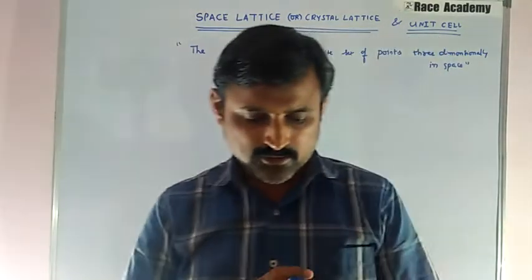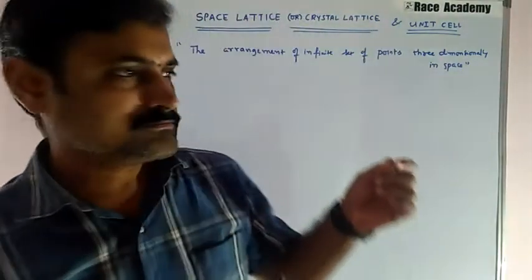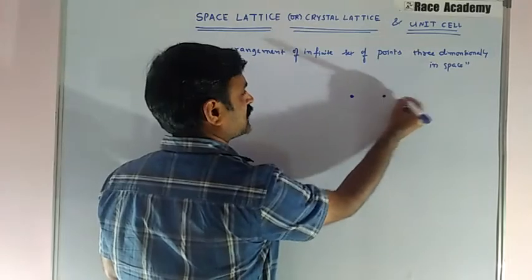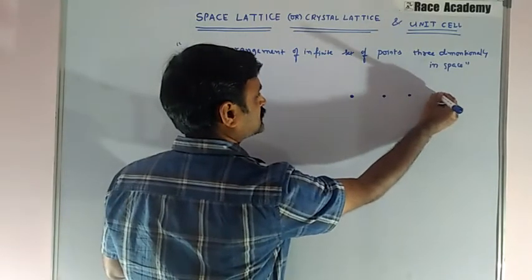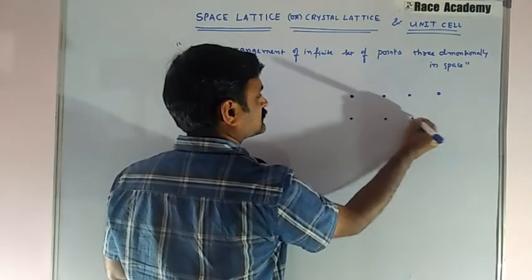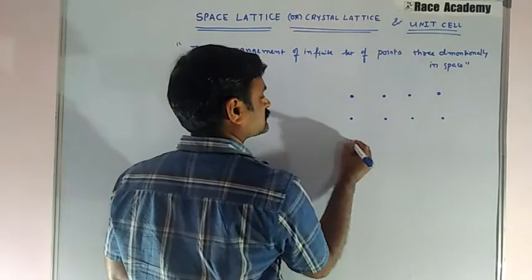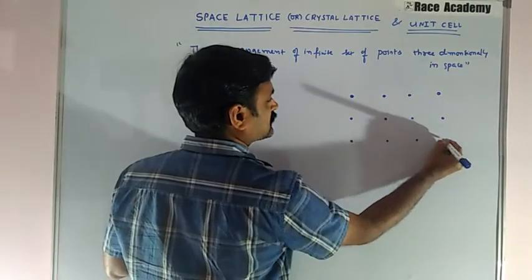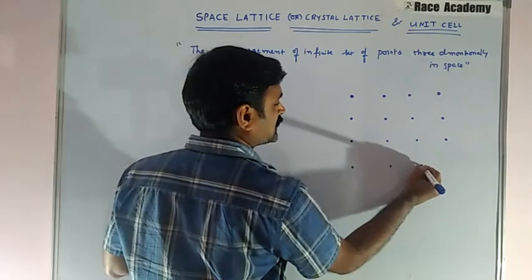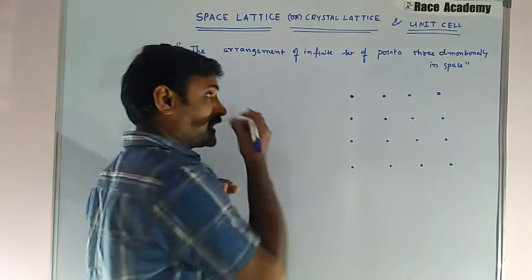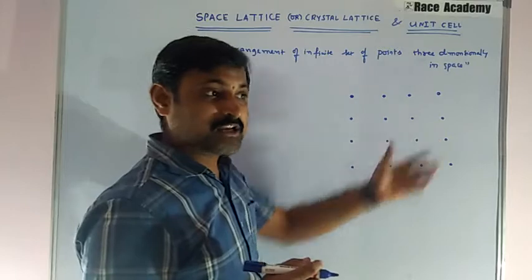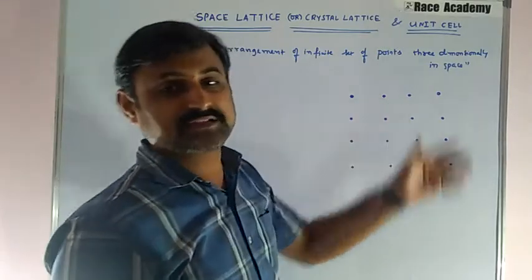When you are drawing a picture like this, this is a point, this is another point, this is another point, like this, repeated. That infinite set of points arranged three-dimensionally in the crystal is known as crystal lattice.